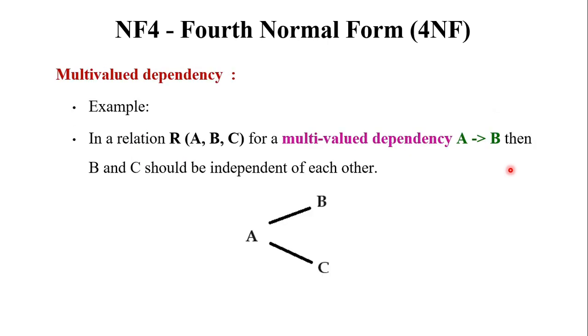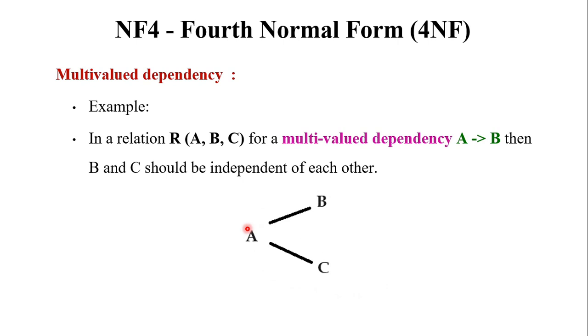Let's see the same thing in relation A B C. B depends on A, C depends on A. So that should be avoided or eliminated. So B and C are independent of each other. If that is the case, you can split the table into two new tables: A and B in one table, A and C in the other table.